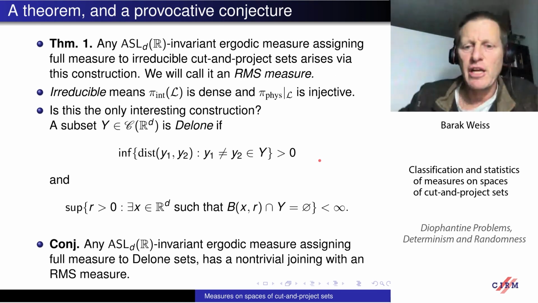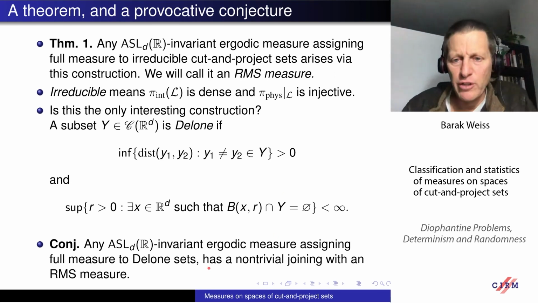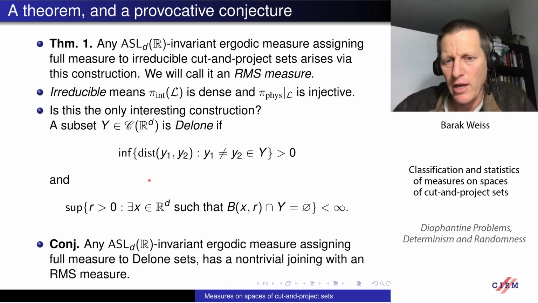any such measure, as I wrote, has a non-trivial joining with an RMS measure. Just as a first approximation of the conjecture, just ignore the words joining. Is it true that any such measure is actually the measure that I described on the previous slide? Now that's not exactly true as I just stated it.